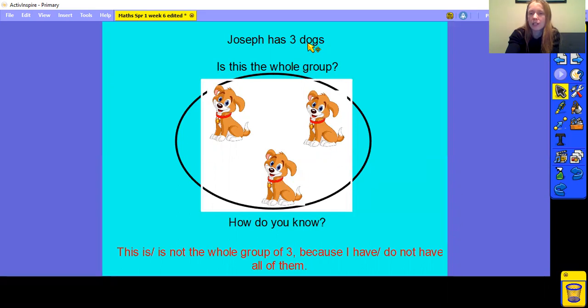So Joseph has 3 dogs. There are 3 dogs in this group. Is it the whole group? Yes, it is. But how do we know that? This is the whole group of 3 because I have all of them. I have all 3 of Joseph's dogs.